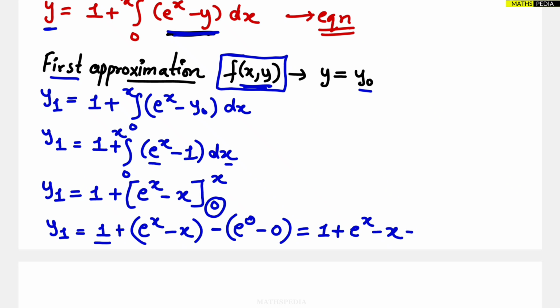So it will be minus 1 because the minus is sitting here. Then minus 0 you leave as it is. Now 1 minus 1 will get cancelled. So you are getting e power x minus x. So the y1 value, the first approximation value, is e power x minus x. This you have to keep.